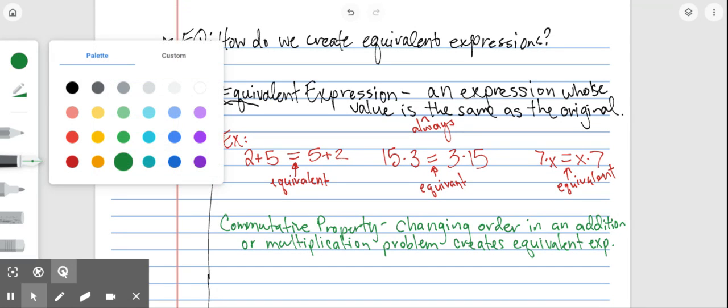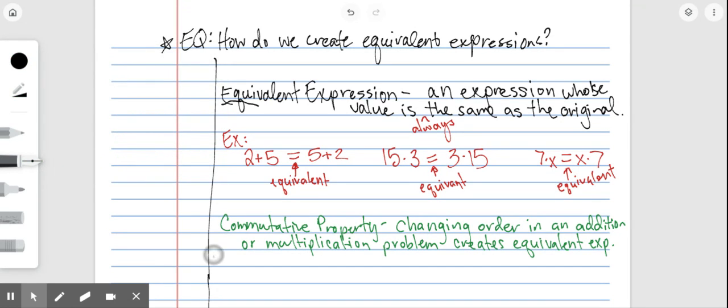So here are some examples. We'll start with addition problems. If I have 17 plus 11, I can change the order so that 11 comes first, plus 17. Okay, they're both equal because they're both going to equal 28.